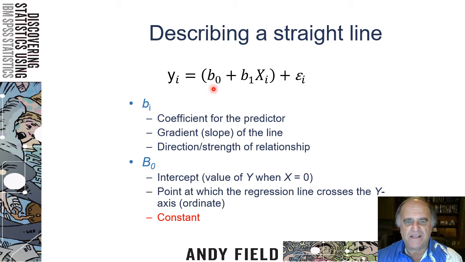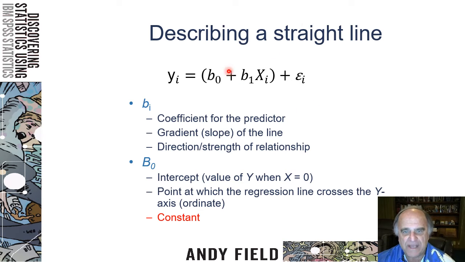This b0 here is the intercept. Now, I don't like that Field here wrote it with a big B, because I think you should restrict big B's to betas or standardized values. So I don't like seeing the big B there. I like to distinguish between big B and little b's. But of course, since it's the constant, if we had the standardized equation, the constant wouldn't even be in there anyway.